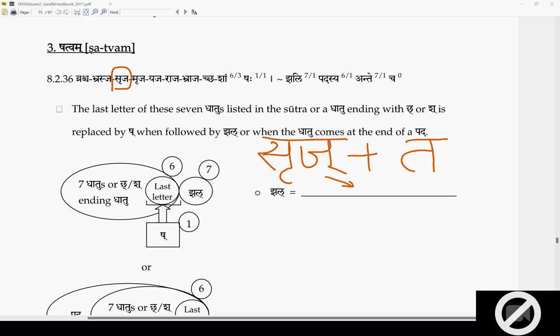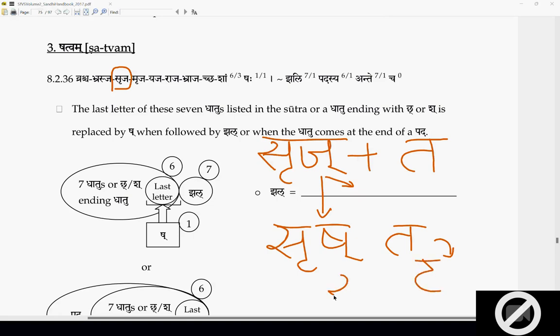So we have ja changing to sha, so we have shrush plus ta. Then again the same thing as 8 to 41 stunashtuhu: this shrush ta becomes ta changing to ta. So in total we have srushta, srushti.